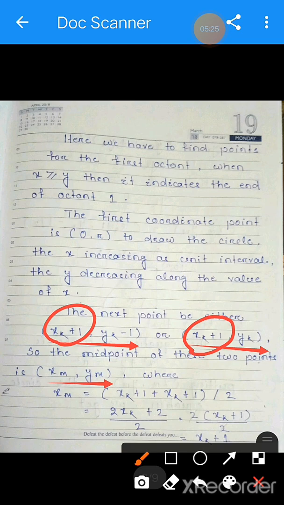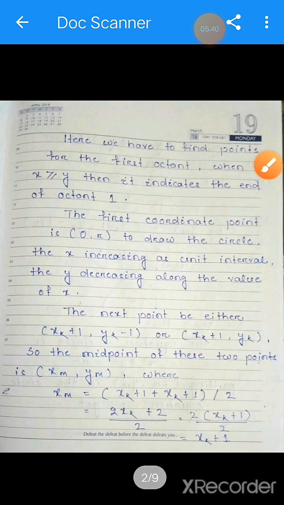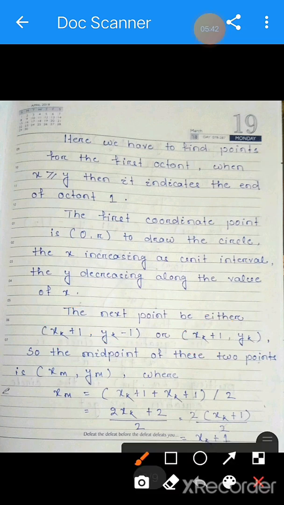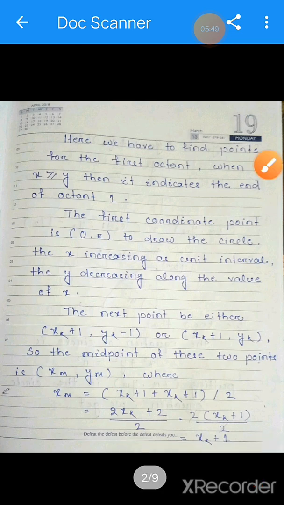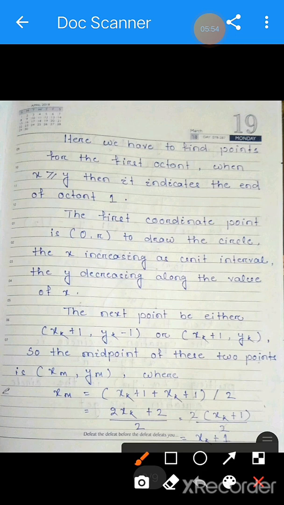That means 2 into (xk plus 1) divided by 2. If we take 2 common, then 2 into (xk plus 1) by 2, and this 2 and this 2 cancel.